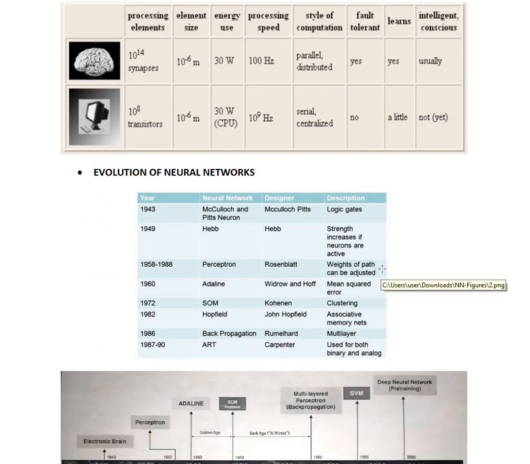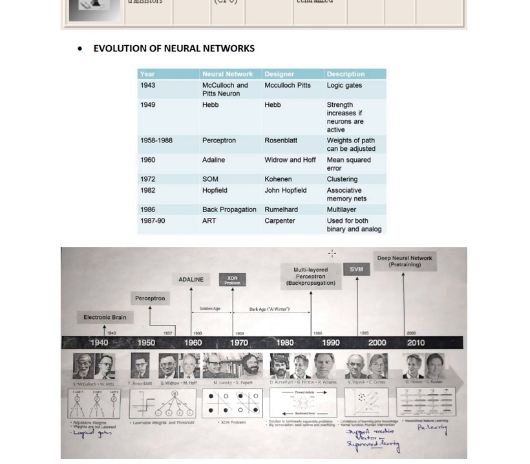Now let's see the evolution of neural networks. The evolution of a neural network spans several periods over which it has been developed. Looking across the development, you will find that way back in the 1940s, the first artificial form of the human brain system was developed, and at that time McCulloch and Pitts tried to develop it. They delivered that in the year 1943, but the work started in the 1940s.